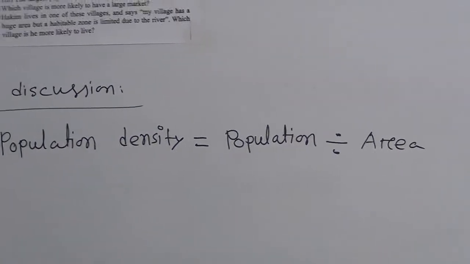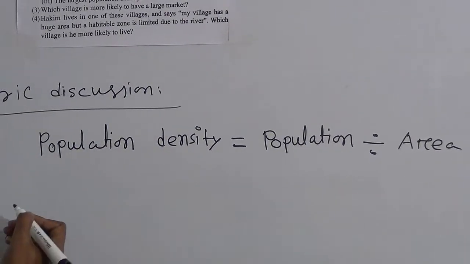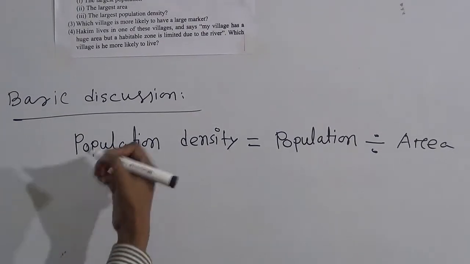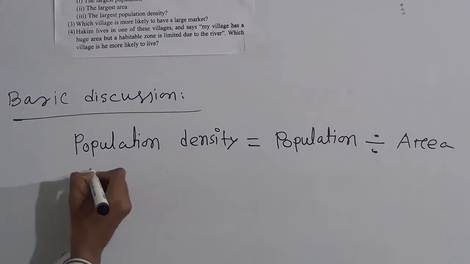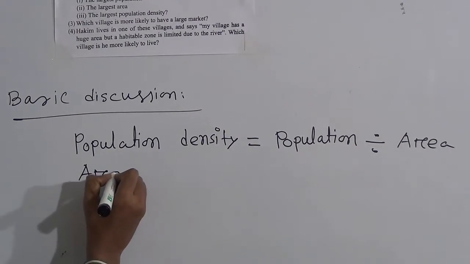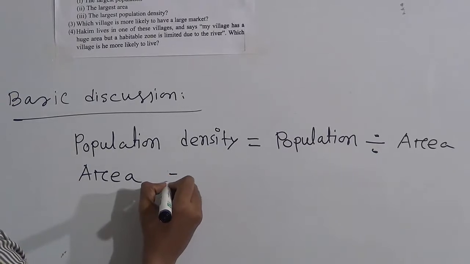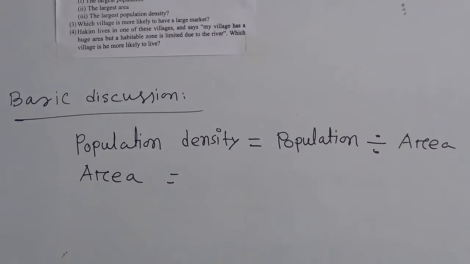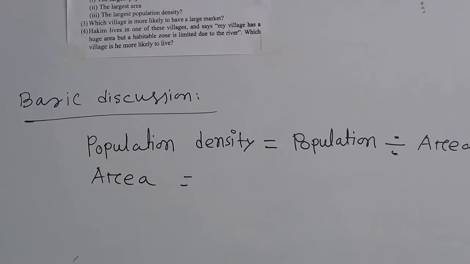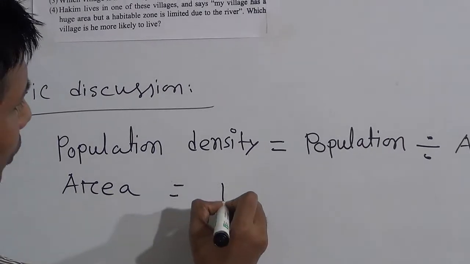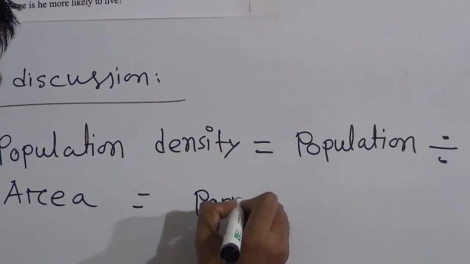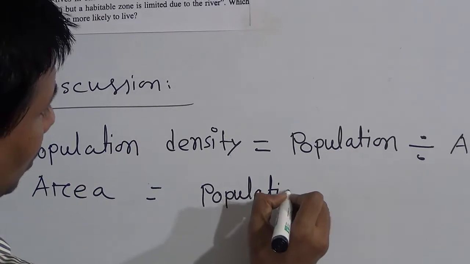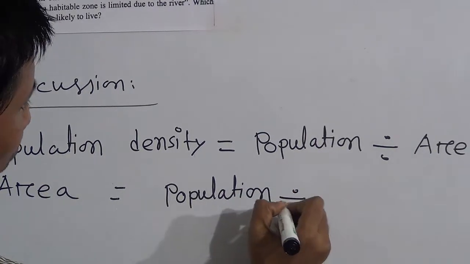You have to memorize this formula. Similarly, area equals population divided by population density.